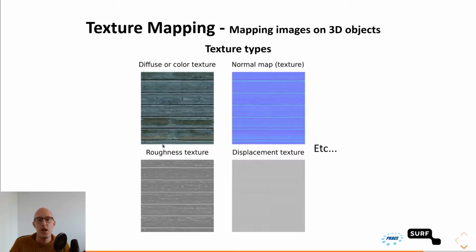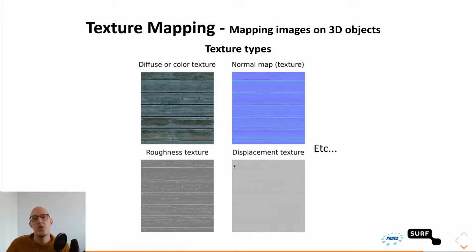And that way you can have a variable roughness on your 3D object with this texture. And then you also have the displacement texture, which determines how far a vertex needs to be displaced along a normal. So basically with the wooden plank, the ridges are lower and the planks are higher.